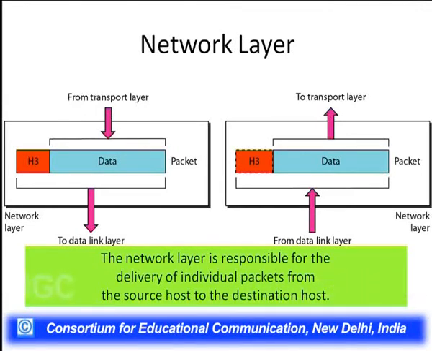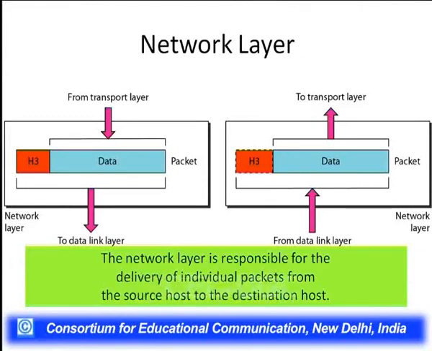In this network layer, it is responsible for the delivery of individual packets from the source host to the destination host. In this diagram we can see that the network layer is connected to the transport layer above it and to the data link layer below it.